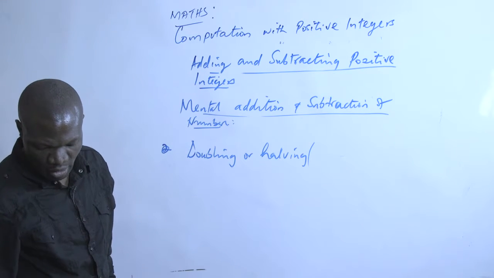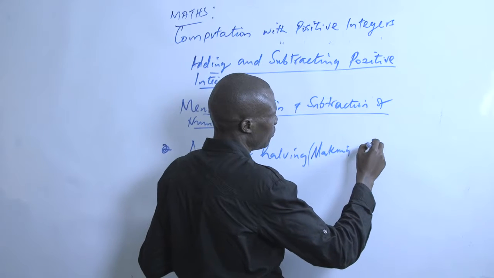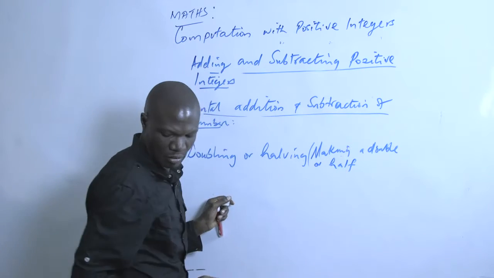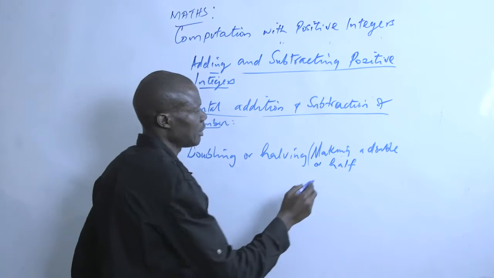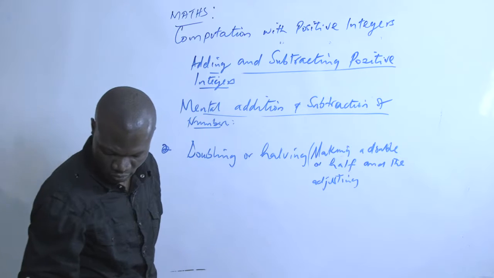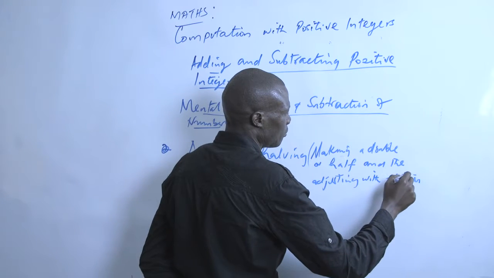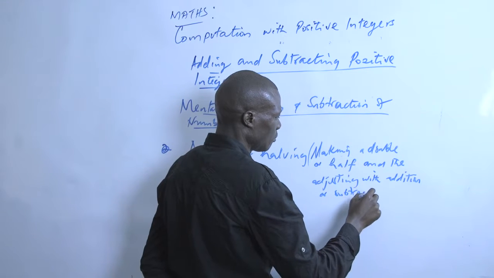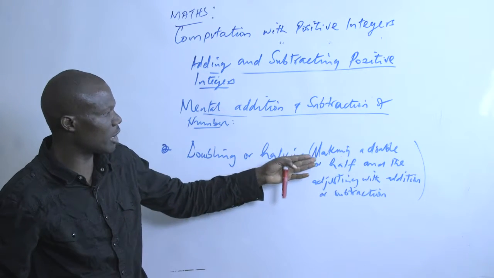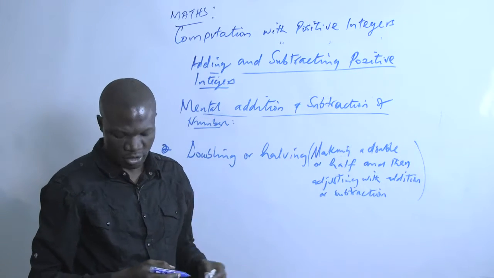That is making a double or half and then adjusting with addition or subtraction.